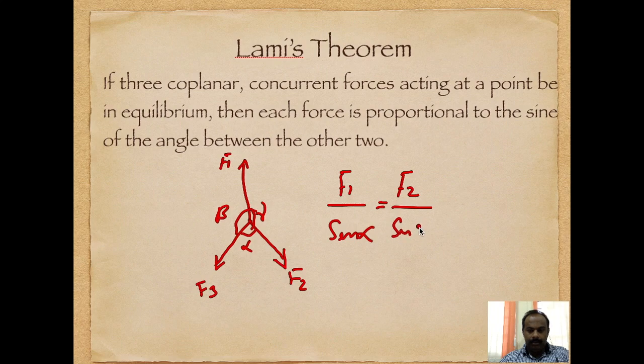Then F3 divided by sine of gamma, since the other two forces are F2 and F1 and the angle between them is gamma. So this is how Lami's theorem is written.